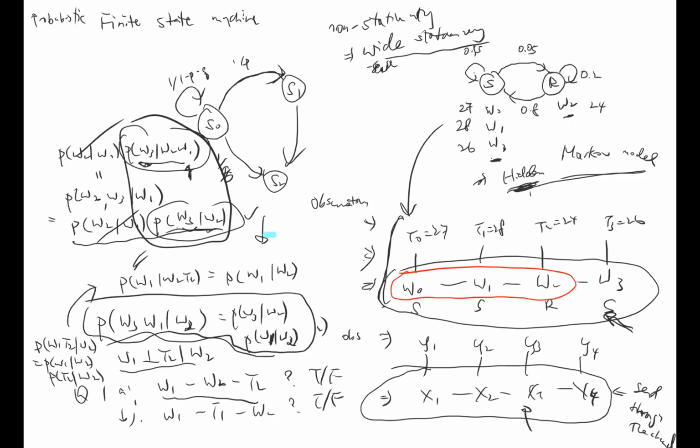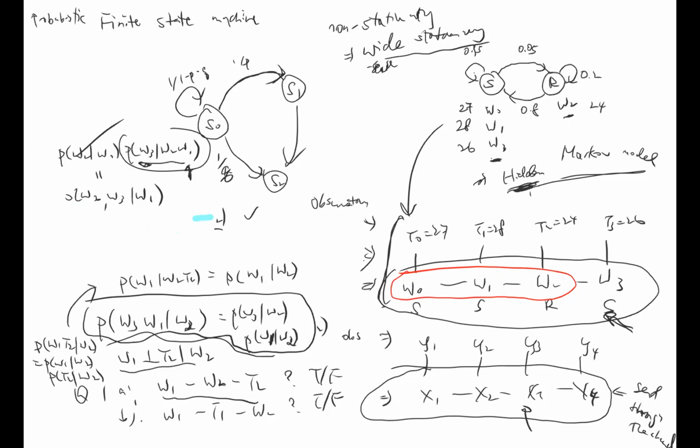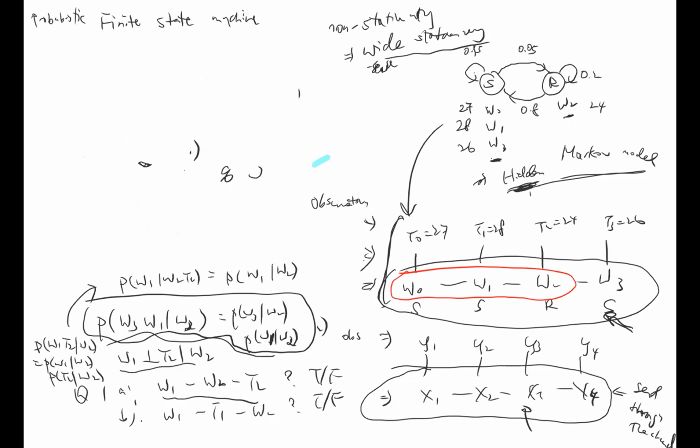A consequence of the Markov chain and conditional independence is that when we have this Markov chain property, the conditional entropy H of W1 given W2 and T2 is just equal to, let me try to explain this.